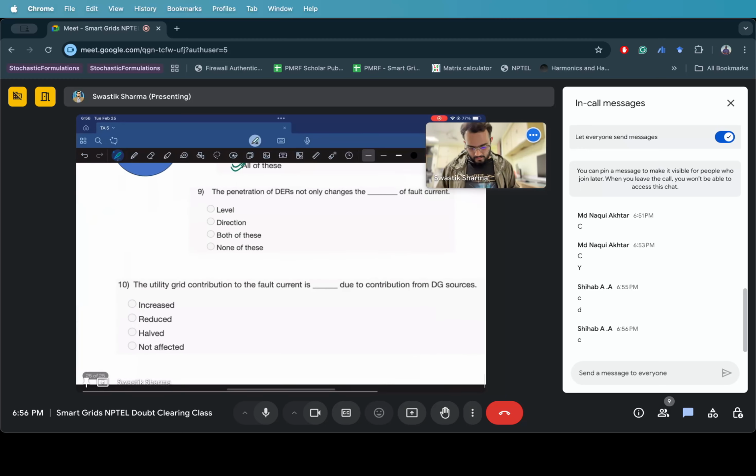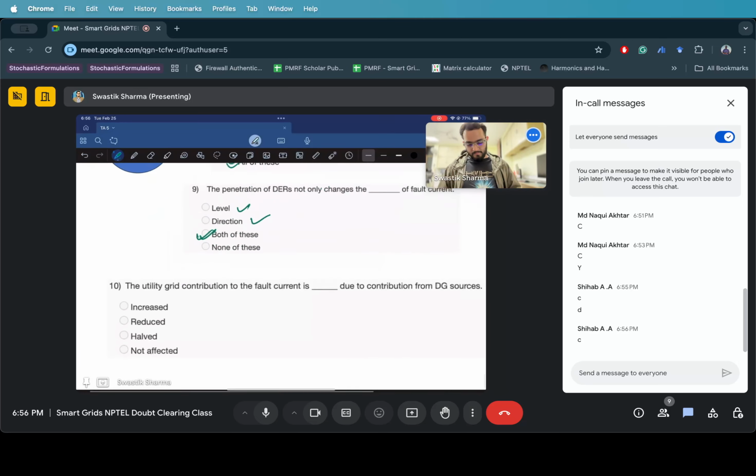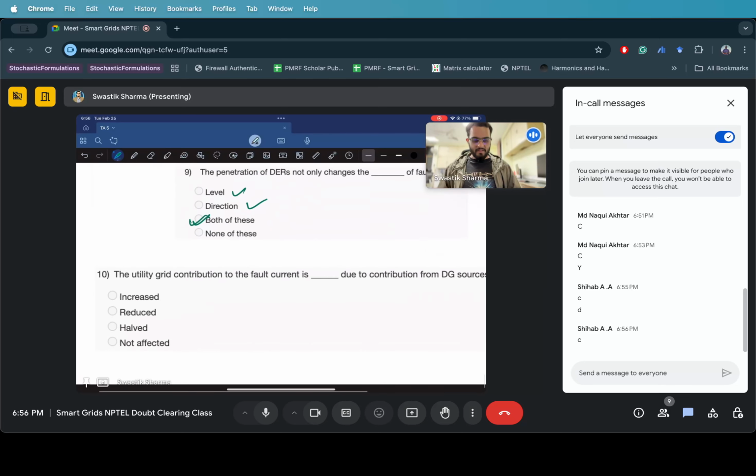So both of these, it changes the level as well as the direction, and that is why we want both overcurrent as well as directional relays. And the overcurrent relay should possess something to be able to change the polarizing quantity in such a way that it is able to detect if the level has changed or not.